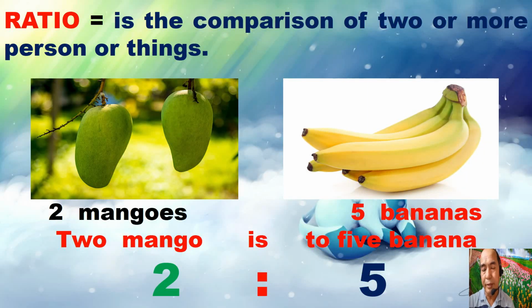If we compare them, we have 2 mangoes is to 5 bananas. This is how we read the comparison. Now, if we are to make that into a ratio form, how do we write this? We have 2 is to 5. That is how to write it in ratio form.